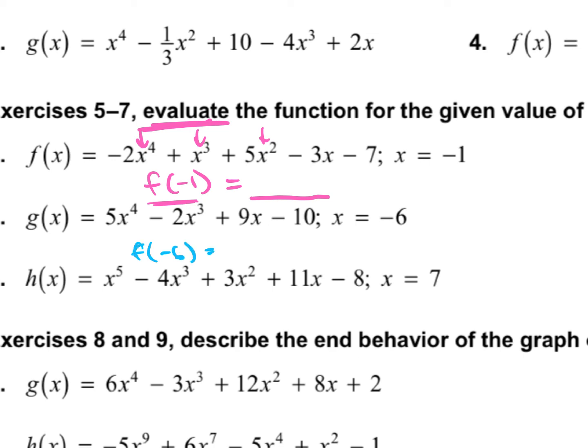Or g of, this one's a g, but same thing. So you just have to write this as your answer, and then whatever number you get when you plug it in and solve. There'll be smaller numbers like 1, 2, or 3 to plug in.